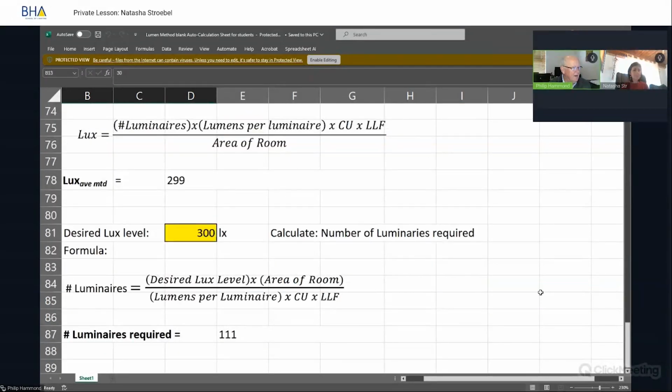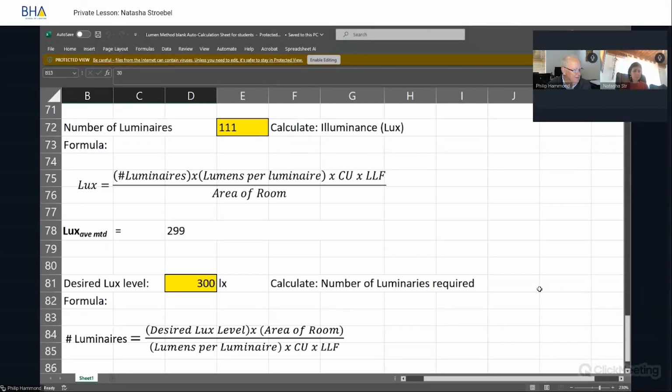Then we want to calculate how many light fittings we need. In this particular case, you're told you have to provide 300 lux.